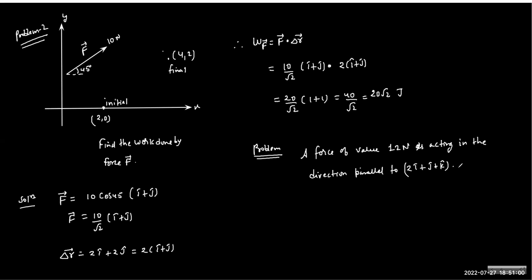So the force is acting in the direction parallel to this vector and displaces a particle from (1, 0, 1) to (2, -1, 0). Find the work done, let's say in meters, by force F.